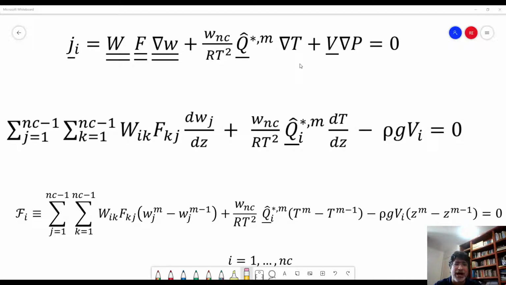Our variables are the mass fraction and the pressure. So if you start at the reference level, let's say level 0, and you have to calculate the pressure and composition at the next level, level 1, for example, m equal to 1, this is the equation you have to solve, say, by the Newton-Raphson method.